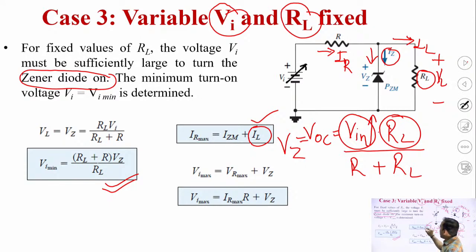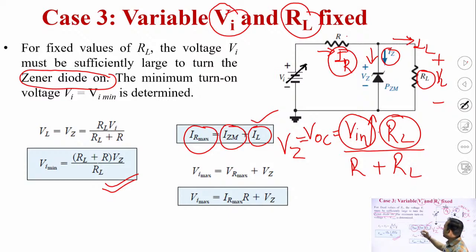And if IZ is maximum, if the current in the Zener diode is maximum, then definitely the current in the series resistance R, this current IR, will obtain a maximum value. Or else, when the current in the Zener diode is minimum, the current in the series resistance R will also be minimum.